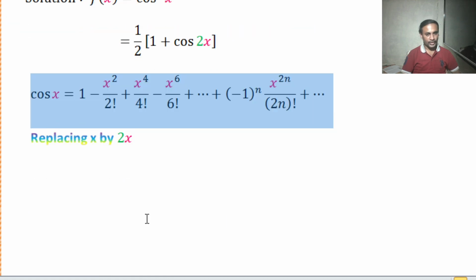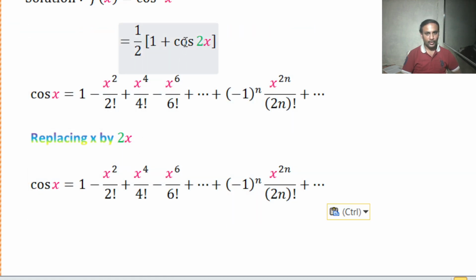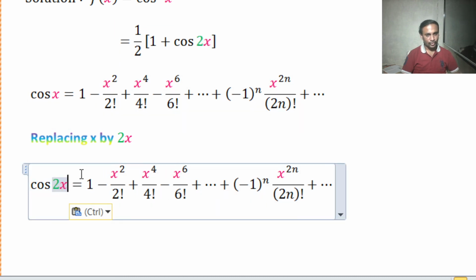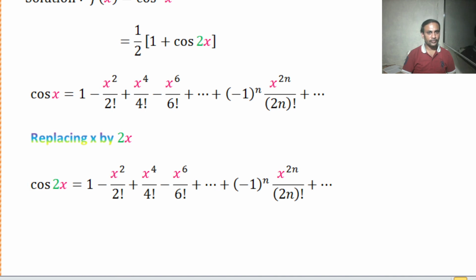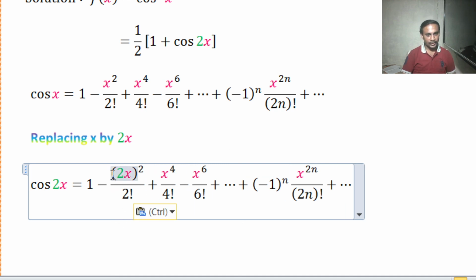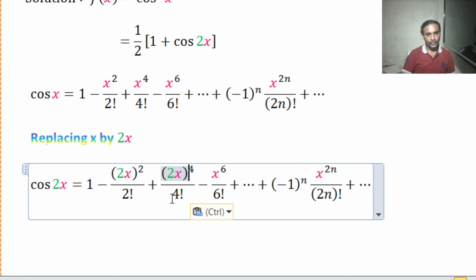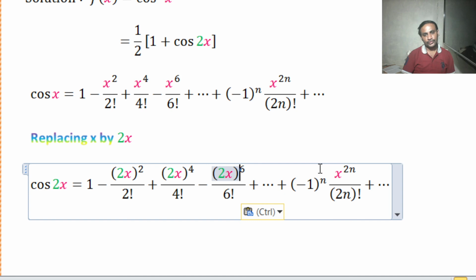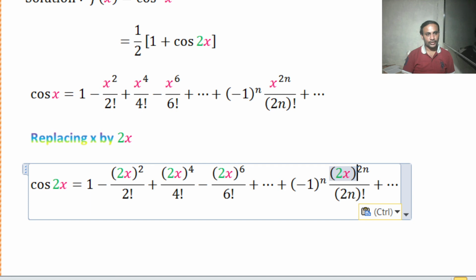Therefore we get cos of 2x as 1 minus 2x bracket square upon 2 factorial plus 2x raised to 4 upon 4 factorial minus 2x raised to 6 upon 6 factorial, and so on, up to 2x raised to 2n upon 2n factorial.